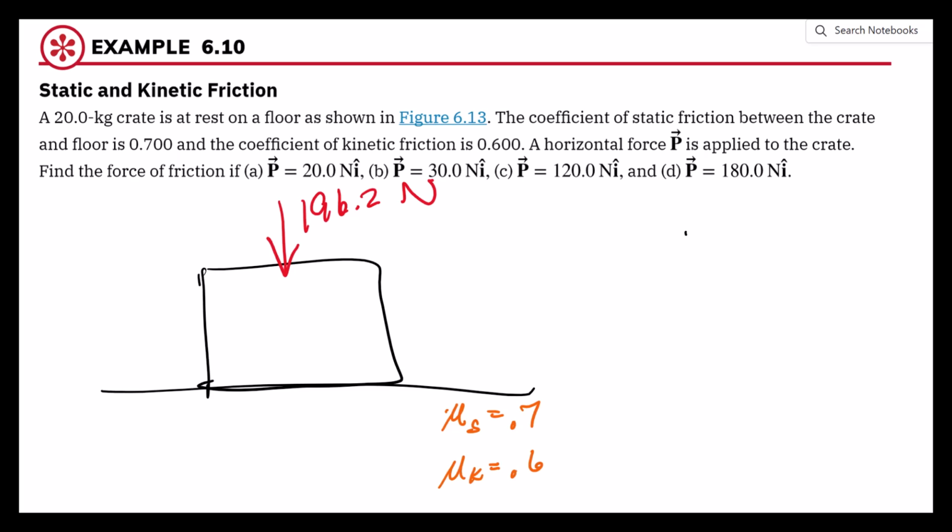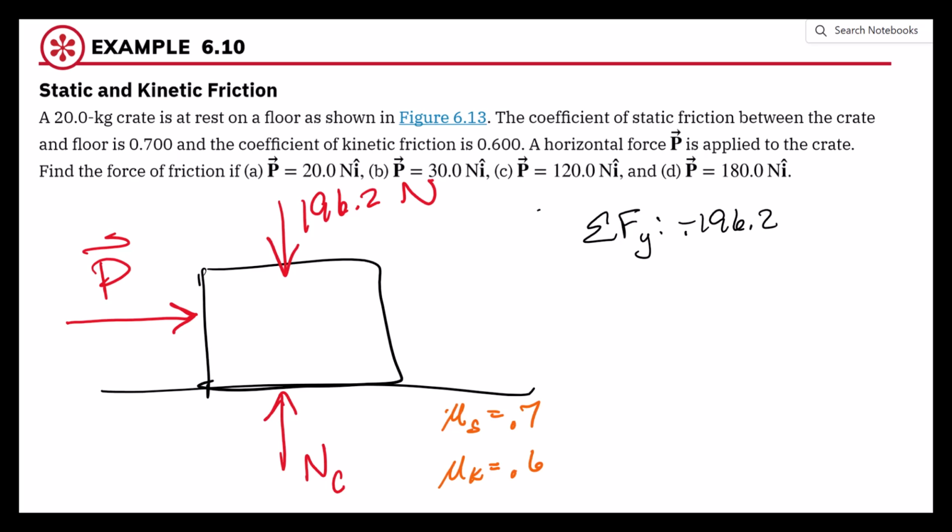Okay. An additional force is applied to the crate. So we do have a normal force of the crate to the floor, and then we have this force here, P. Since the crate is not flying into the sky, that means that the sum of the forces in the y direction is going to be 0. So I have negative 196.2 plus the normal.